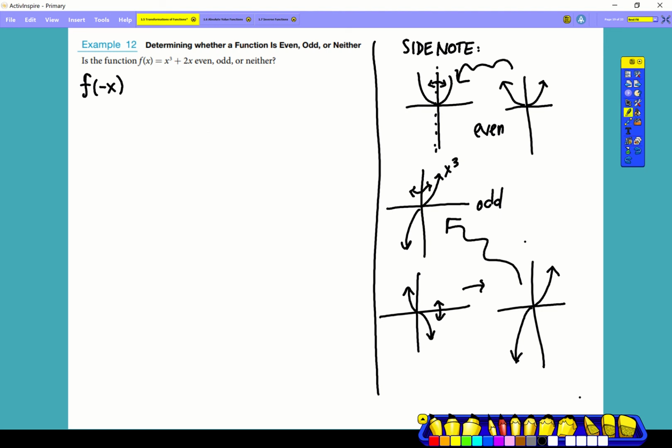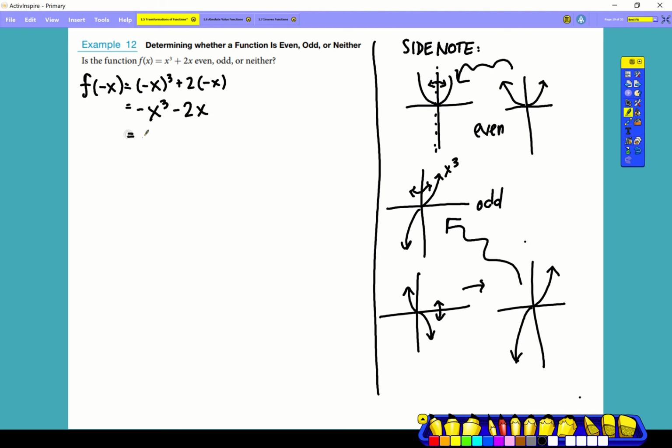That's negative x cubed plus 2 times negative x. And that gives us, we know this equals negative x cubed. This is going to equal negative 2x.